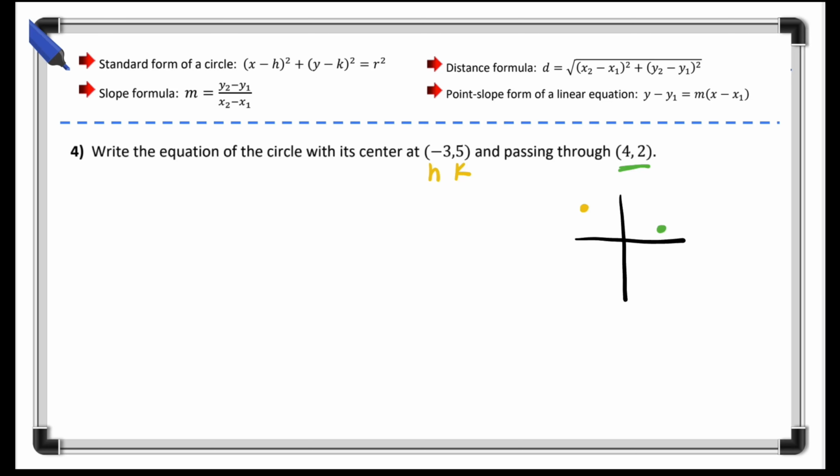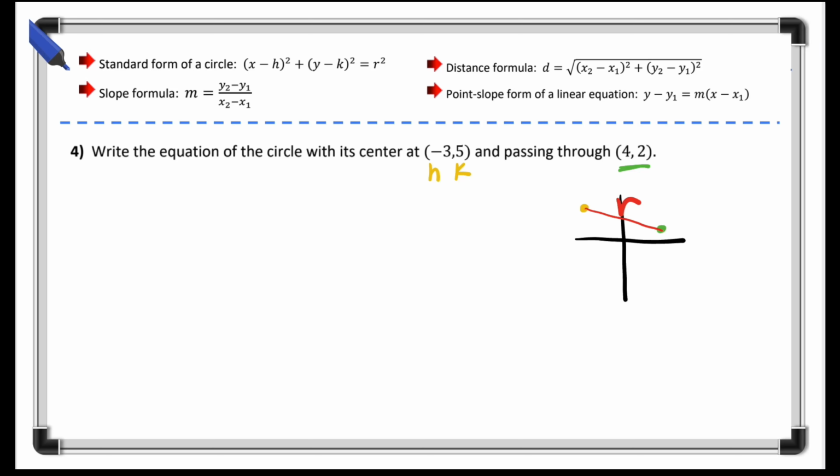Now, unlike our previous question where we were able to count the number of units down 3, there is no actual way that we can count accurately what this radius will be. So we will have to use a formula to help us find the distance between those two points, which will then get you the length of that radius. And that would be your distance formula.